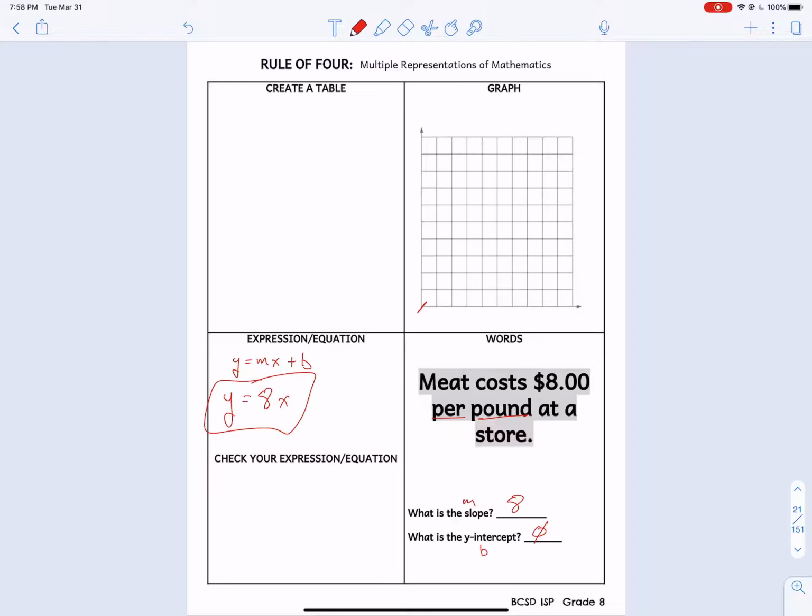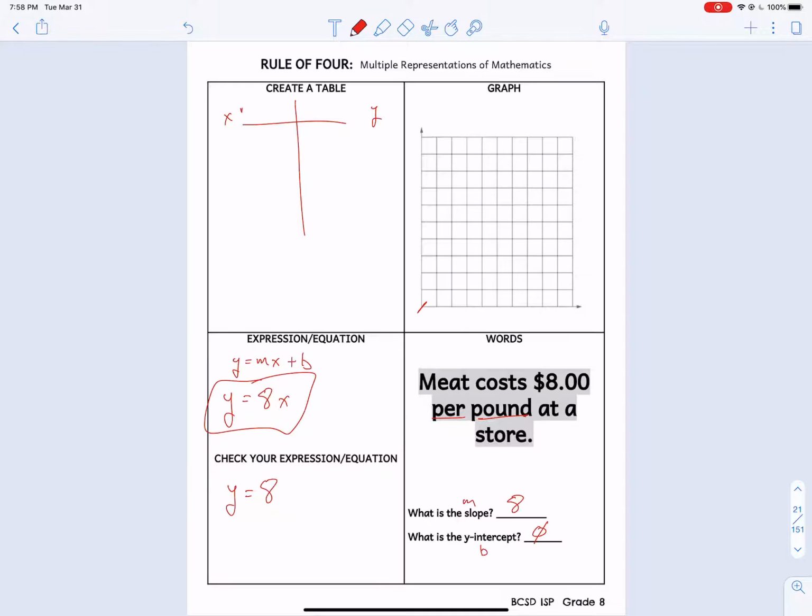So let's think about this in our heads. 2 pounds would cost double that, so that would be 16. Let's check our equation to see if it's correct. I'm just going to write that up here. This is x and this is y.